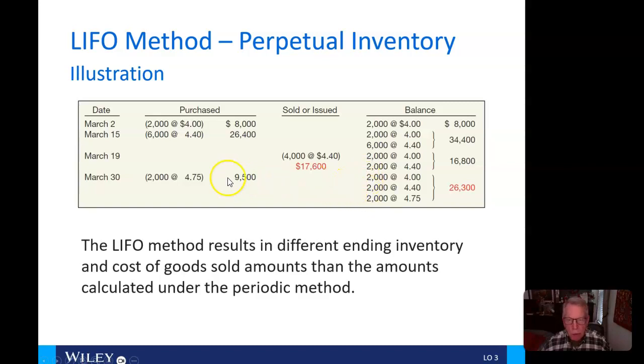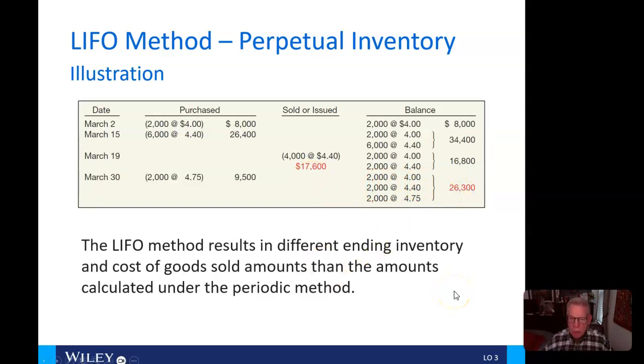Now when we purchase it, again, we're going to bring this row down, bring this purchase across and foot it all out, and that 26,300 will be our ending inventory. Again, 43,900 available, whether we sell it or keep it.